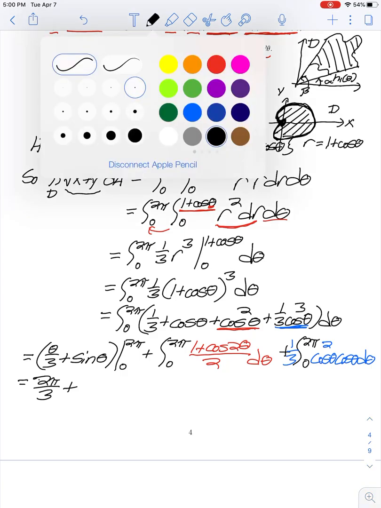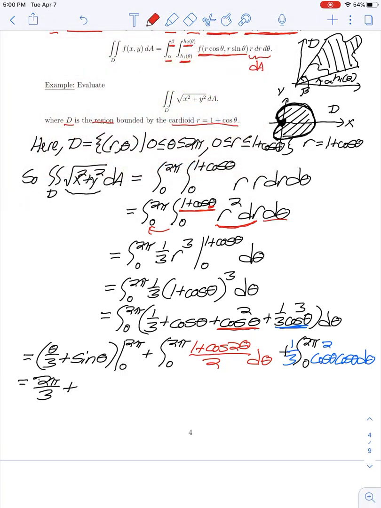Then we are adding, for this second piece, our antiderivative of 1/2 would be theta over 2. And the antiderivative of cosine of 2 theta over 2 gives us a 1/4 sine of 2 theta, which we're evaluating from 0 to 2 pi here.